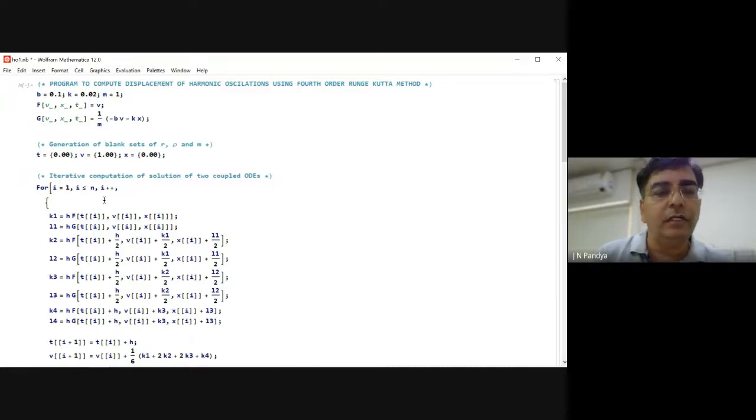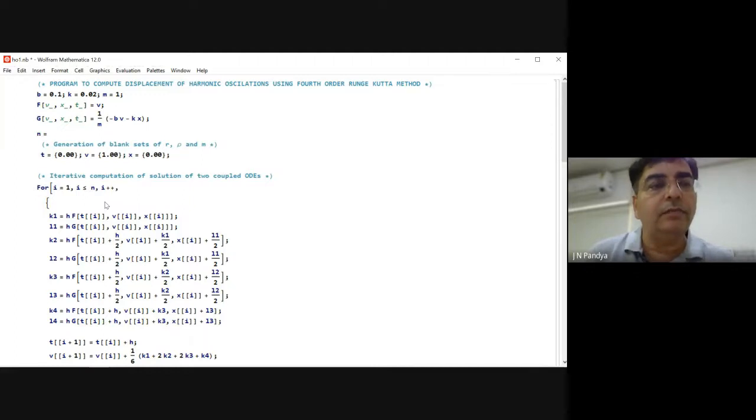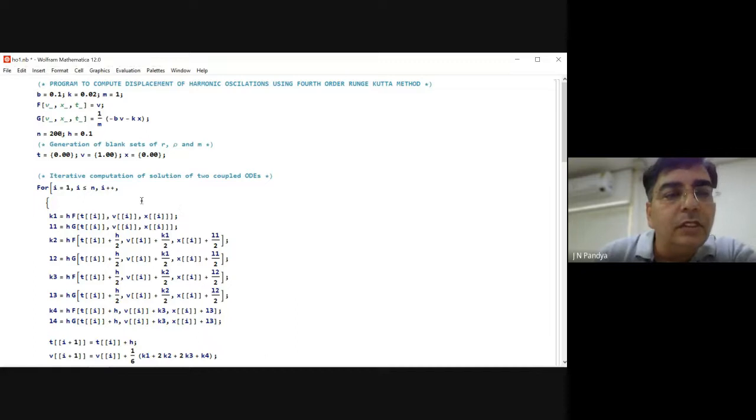N is not defined. So N is equal to, let us say, 20, and H also we need to define because earlier H was there, but we removed it. So let us say 200, and this thing is 0.1. So H is mentioned here, which is now found. N is also mentioned now. I think now it should work.